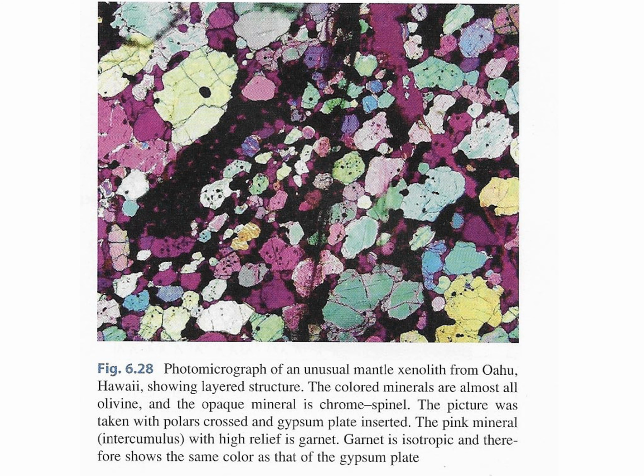The picture was taken with crossed polars and a gypsum plate inserted. The pink mineral with high relief is a garnet. Garnet is isotropic and therefore shows the same color as that of the gypsum plate. And the gypsum plate shows these high interference colors.